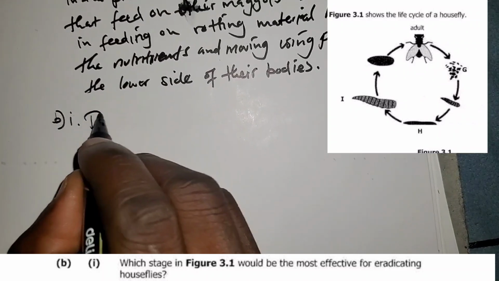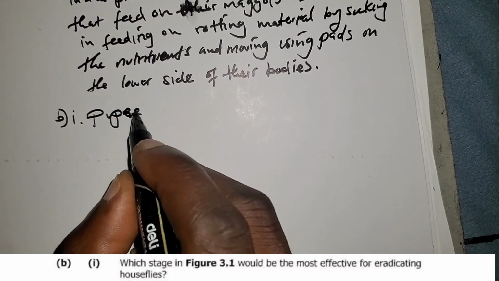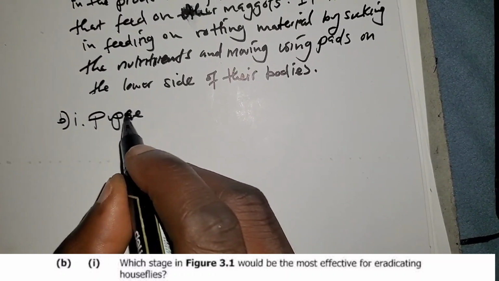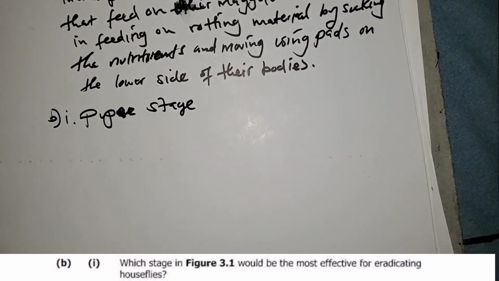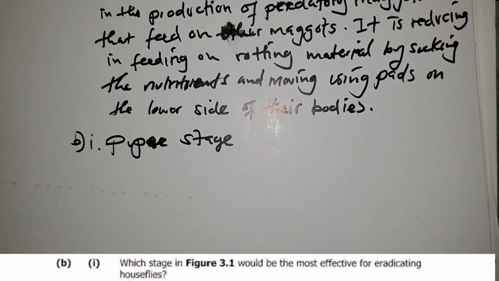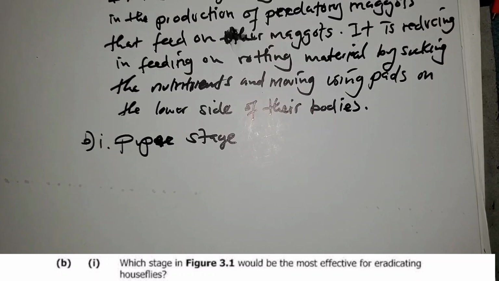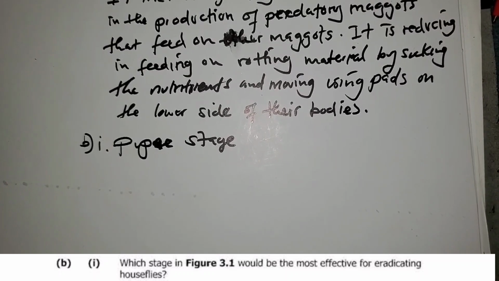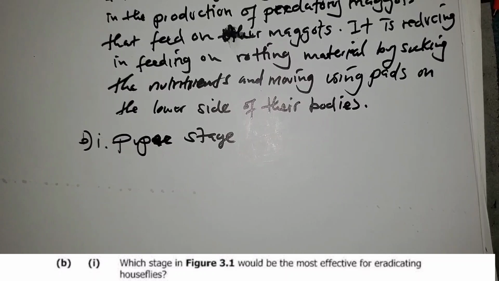So it is the pupa stage. Why the pupa stage? Because it's not moving, so you can just spray insecticides. Okay, at this stage it is not moving.